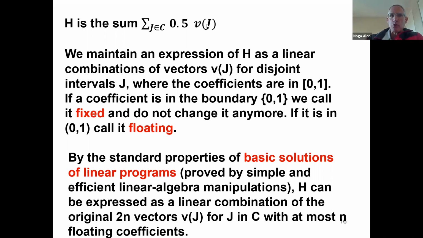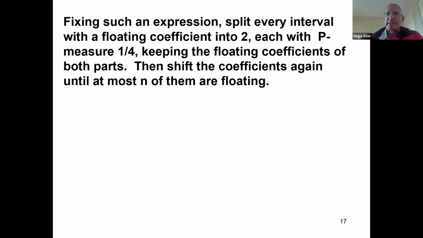So this is simple to do, and to do so, we just have to solve a homogeneous linear system of equations with n variables and maybe more than n vectors. So this is definitely efficient. And now we fix such a representation. So now the number of floating coefficients is at most n.